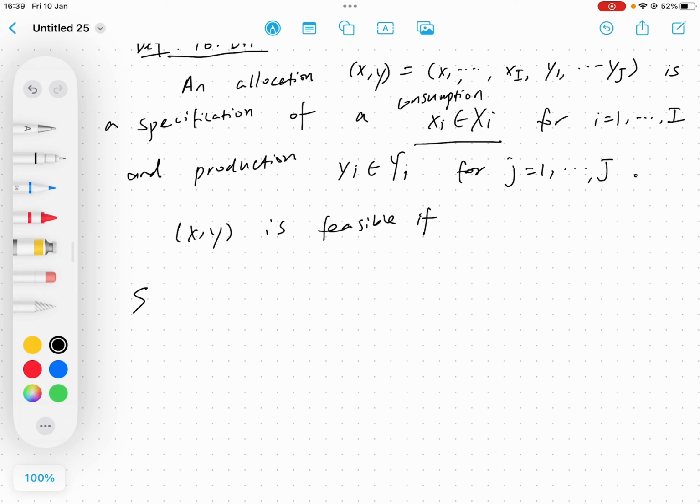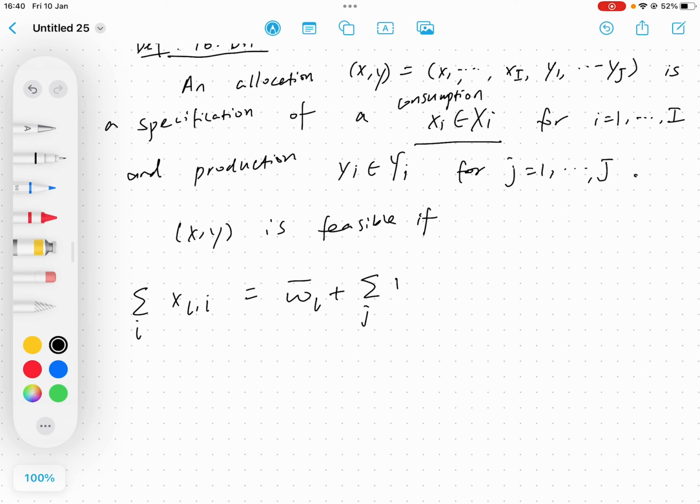if the summation over all the i's of x_li is such that we can consume the endowments for each good L, or we can consume something produced from the firms.